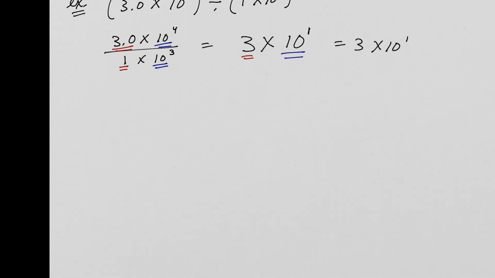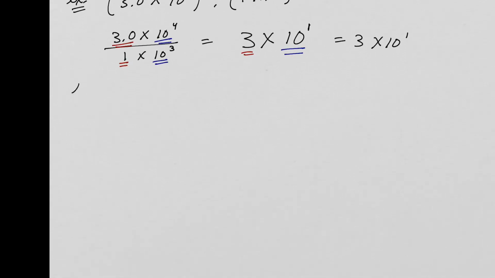Okay, one more. Let's say I have 4.8 times 10 to the minus 3 divided by 8 times 10 squared.